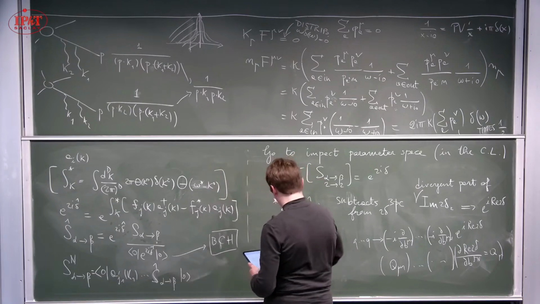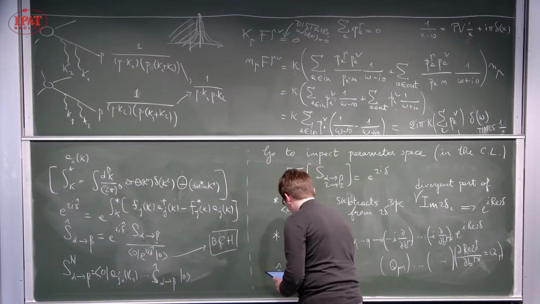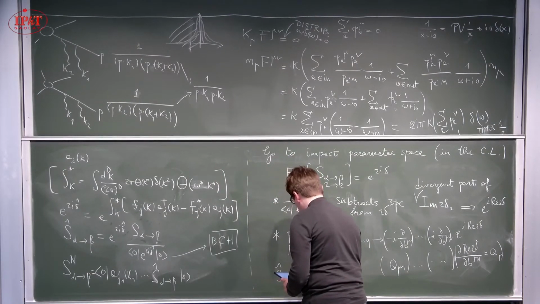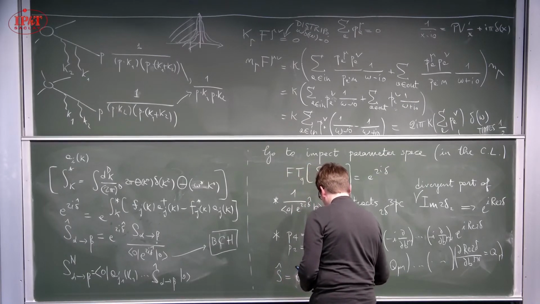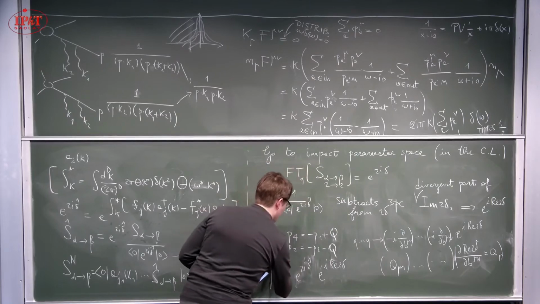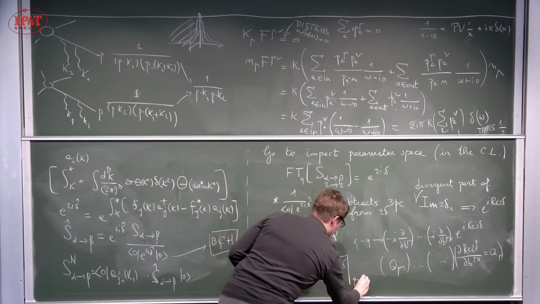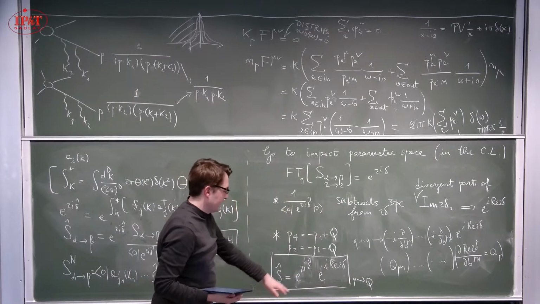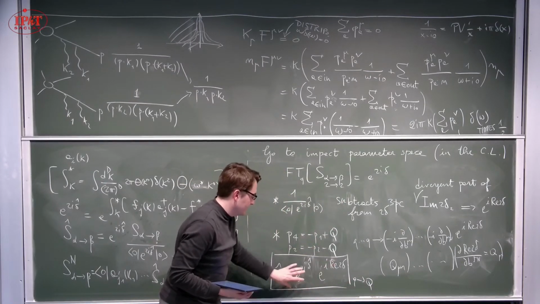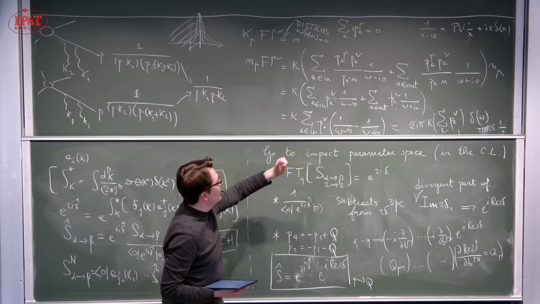Maybe more convenient, but e to the 2i delta hat and e to the i real part of delta, in which U is replaced by capital. So this is a very simple recipe, right? This we know from the previous lectures, and this guy, well, it's simply given by the F.